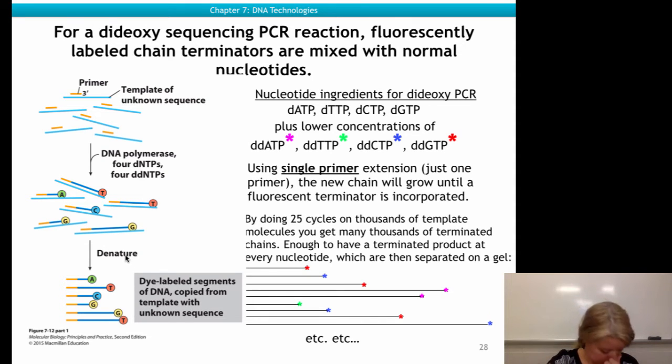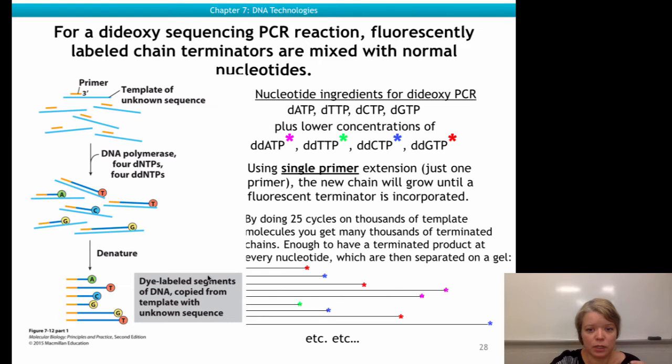You allow this reaction to proceed for a while, to assure that once you have 25 cycles, thousands of template molecules have been created, and there's enough of each molecule for every nucleotide. So a DNA molecule with a termination nucleotide incorporated at each position of the sequence has been created. You can see that here.